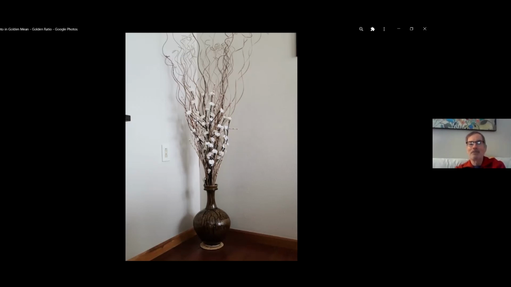And you might have some proportions from the top of this, the things that are in there on the top, whatever you call that. That might be in a proportion to the widest part of the pot, similar to the golden mean or golden proportion. I don't know.